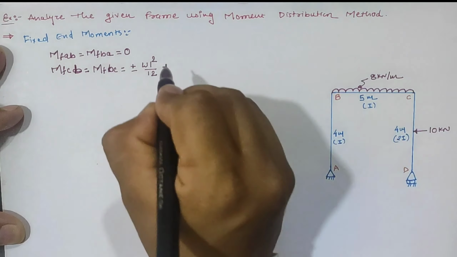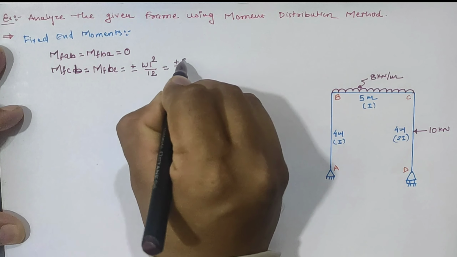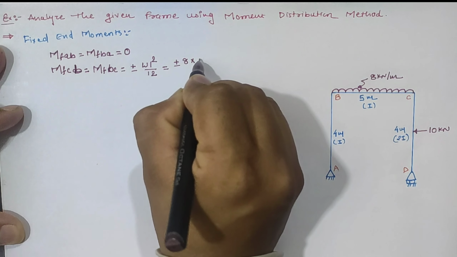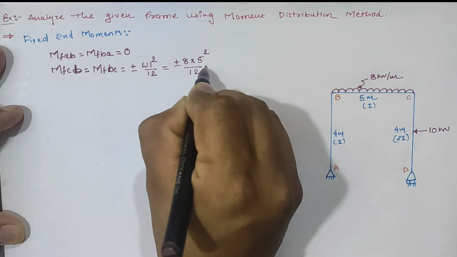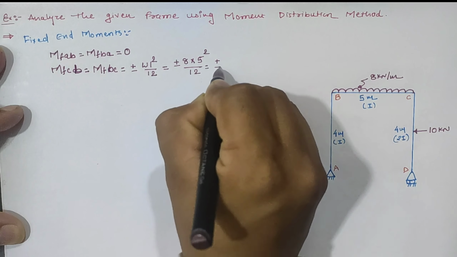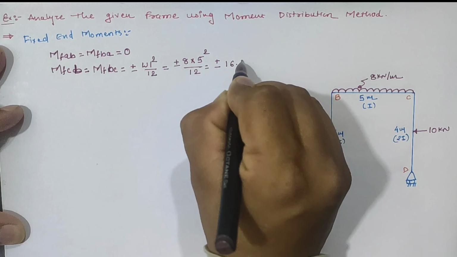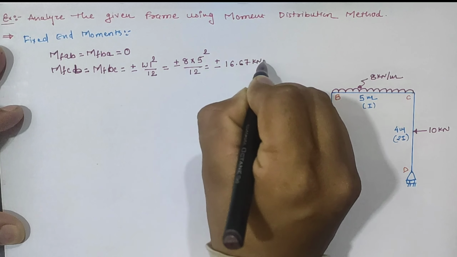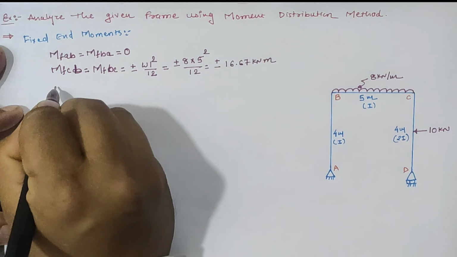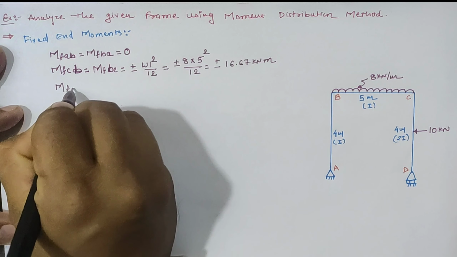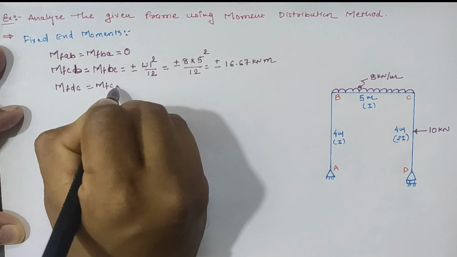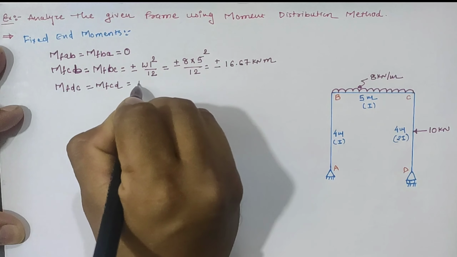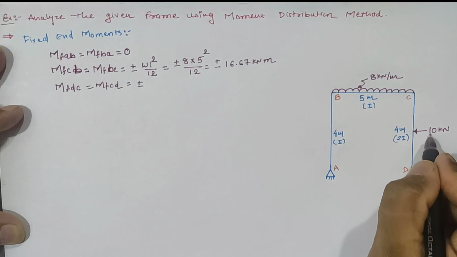Now W is 8 kilonewton per meter, 5 meter as the span length, divided by 12, which is equal to plus or minus 16.67 kilonewton meter.